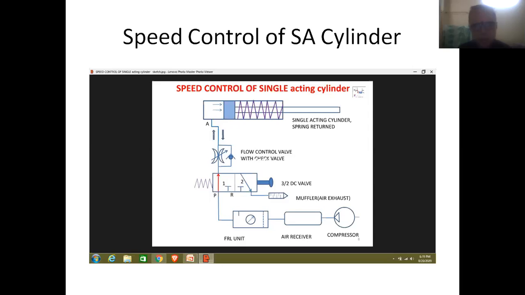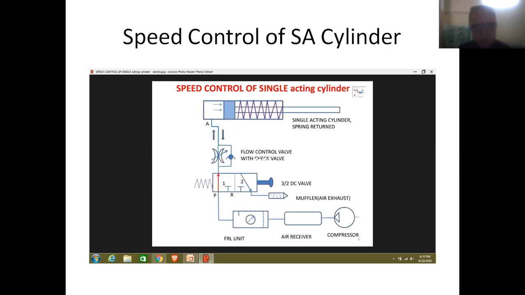And by regulating the speed of the fluid entering the cylinder, we can regulate the speed of the piston that is moving inside the cylinder. So therefore, we have to make use of this item. It is basically controlling the quantity of fluid entering the cylinder, so it is called flow regulator.